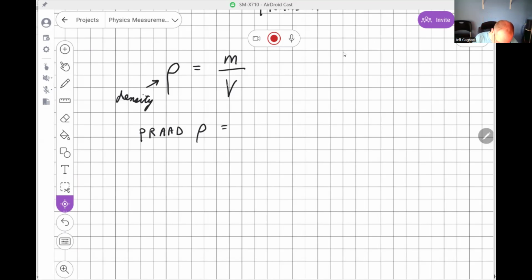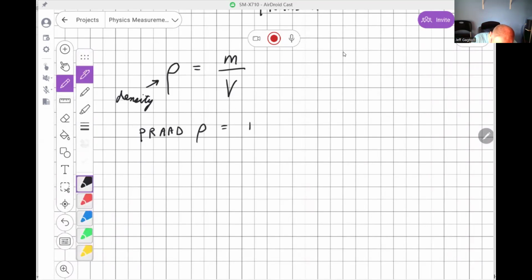So in this case, to find the prad for density, you're simply going to take your prad for mass, which you calculated earlier in the previous table, plus your prad for volume, which you calculated earlier. And that will be the prad for density.